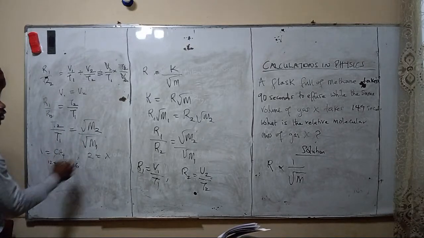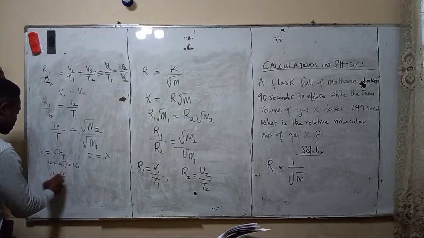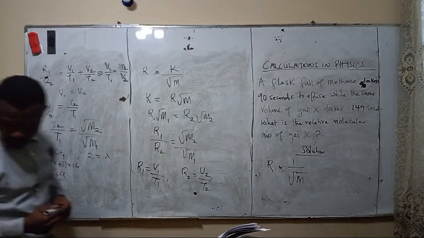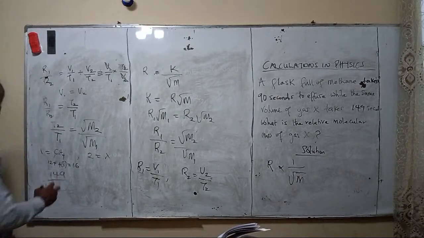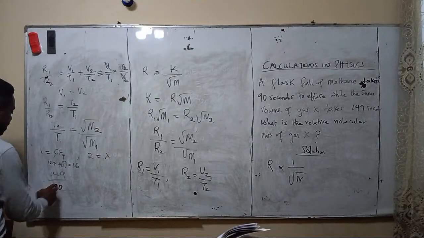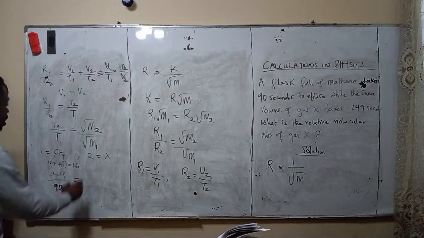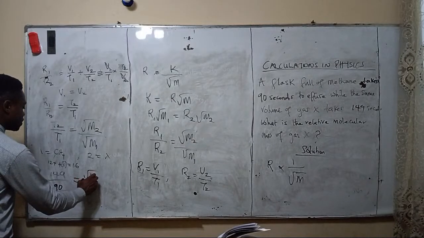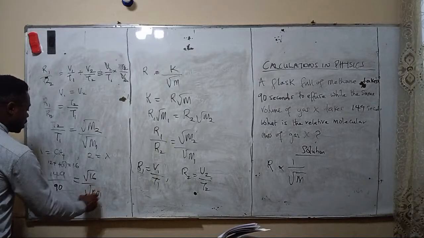So T2 is 149 there. 149 over T1, which is 90 seconds, is equal to square root of M2 over square root of M1.